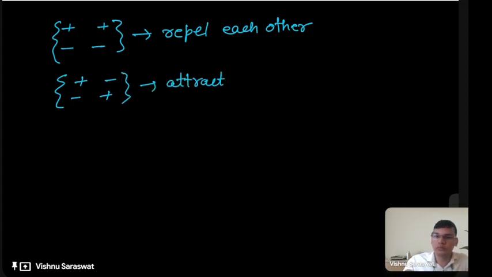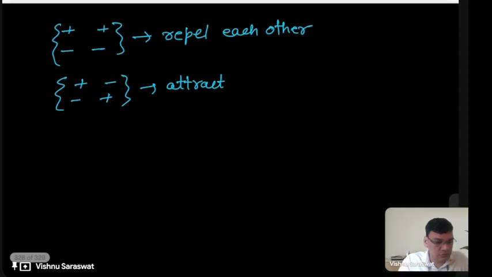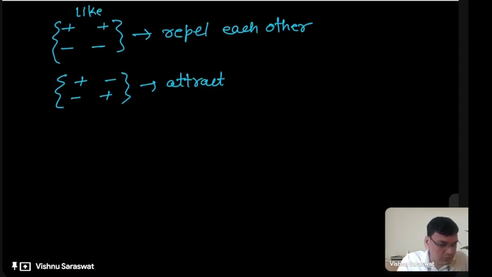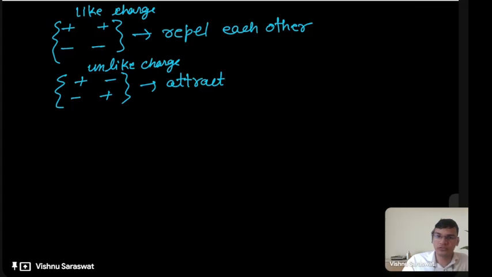These are the basic properties of charges, so always keep them in mind when studying electrostatics and electromagnetism, to solve any numerical or theoretical problem. Here are the like charges, and these are the unlike charges. Like charges repel each other and unlike charges attract each other.